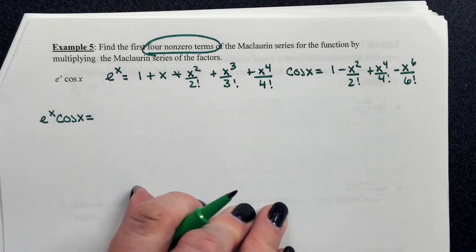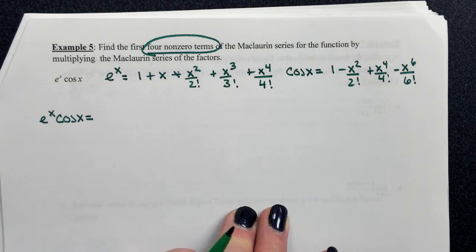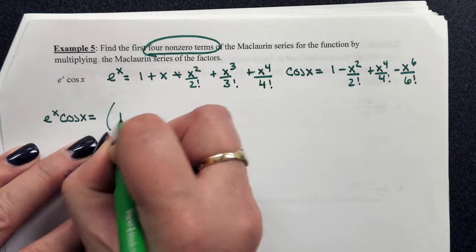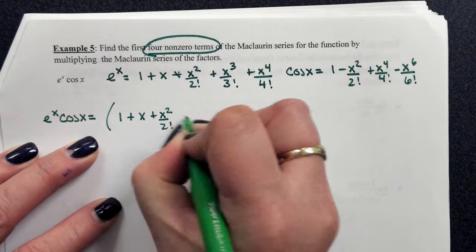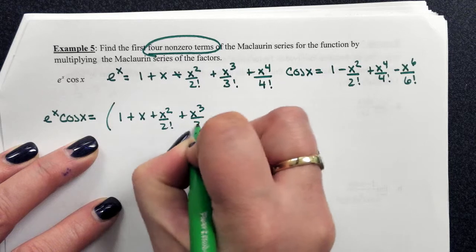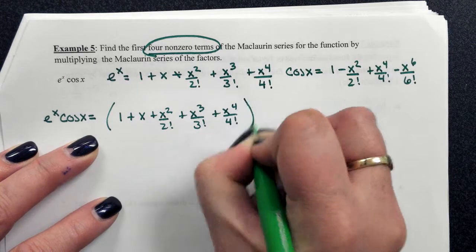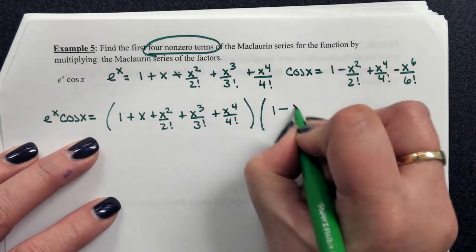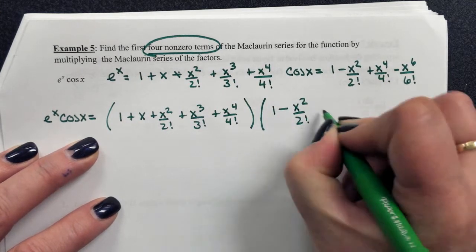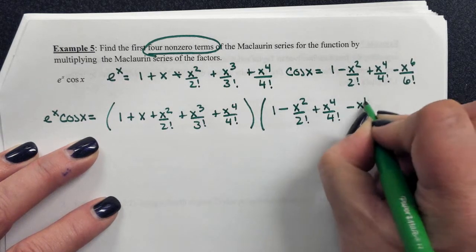Some of you may find writing the product horizontally is more beneficial to you. It's kind of an eeny, meeny, miny, mo, whichever you want to do. But again, you are going to have to multiply 1 plus x squared over 2 factorial plus x to the 3rd over 3 factorial plus x to the 4th over 4 factorial times 1 minus x squared over 2 factorial plus x to the 4th over 4 factorial minus x to the 6th over 6 factorial.